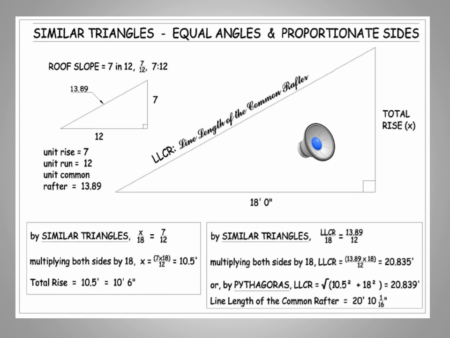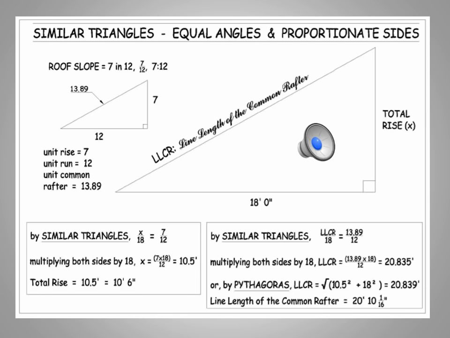Or we could use Pythagoras, because now that we know the sides of the total triangle, we know the base is 18, and we know the rise is 10.5. We can then take the square root of 10.5 squared plus 18 squared, and that will give us 20.839 feet. Now notice there's a little discrepancy here because of rounding off decimal places in 13.89.